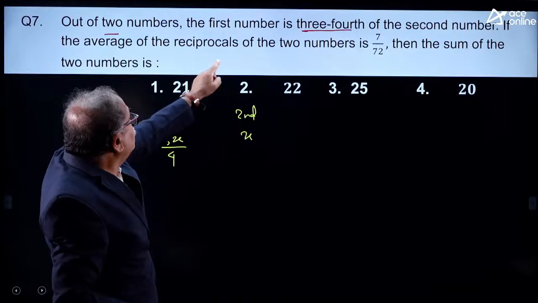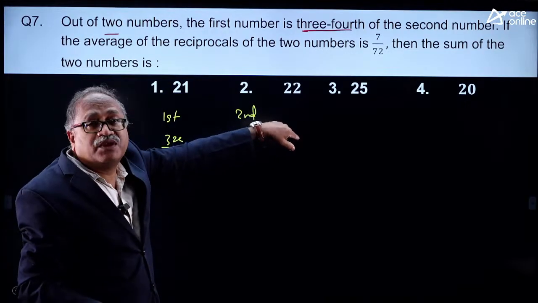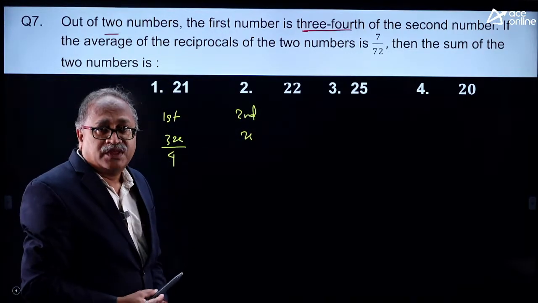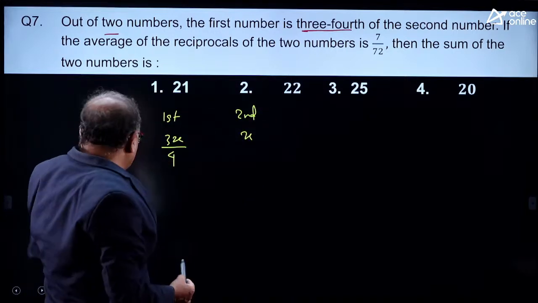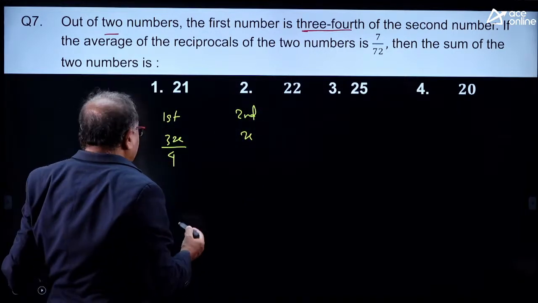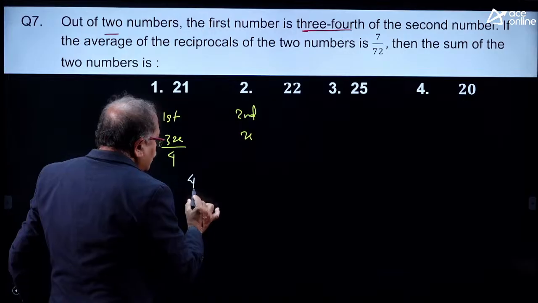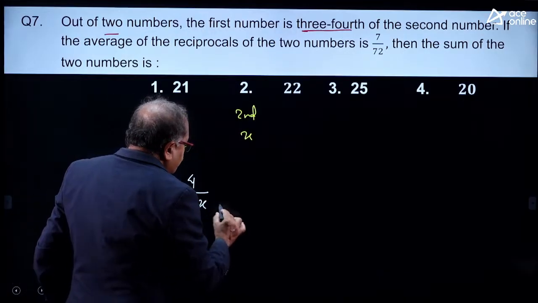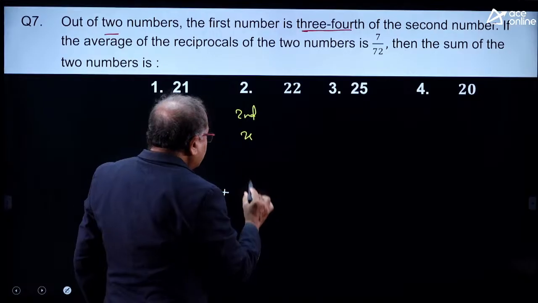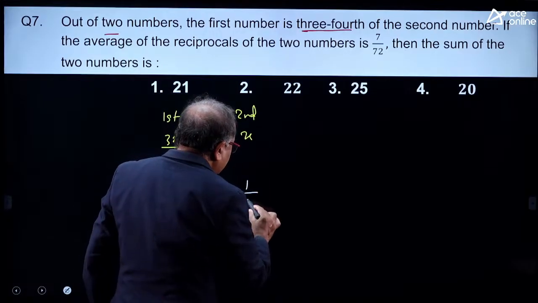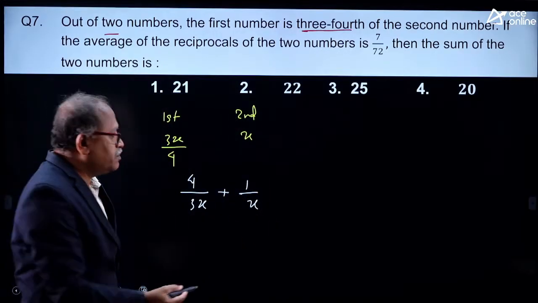If the average of their reciprocals is 7 by 72, let us make the reciprocals: 4 by 3x plus 1 by x, divided by 2.